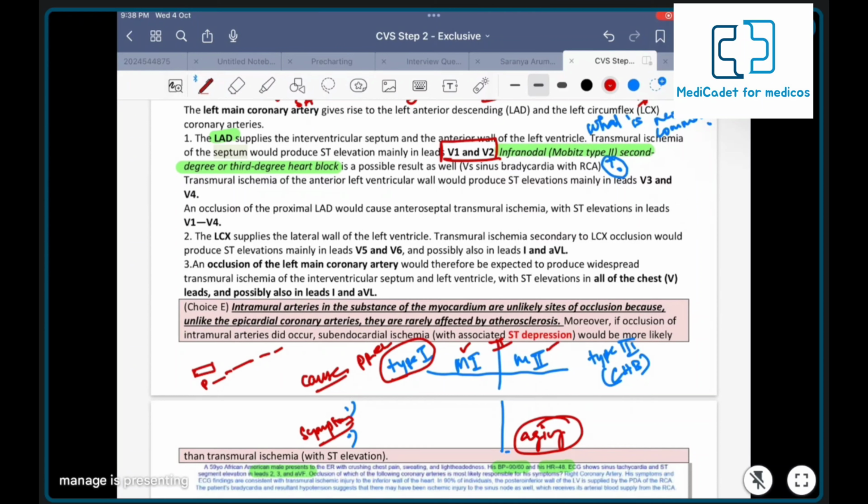And type 3 is where there is no connection between the atrium and ventricle. The ventricle is contracting at its own pace and the atrium at its own pace. I'm just assuming that you know all this, so I'm quickly going through it. You want me to explain it slowly? It's fine, right?